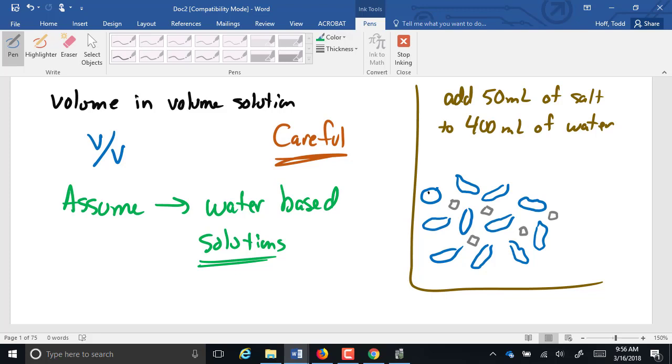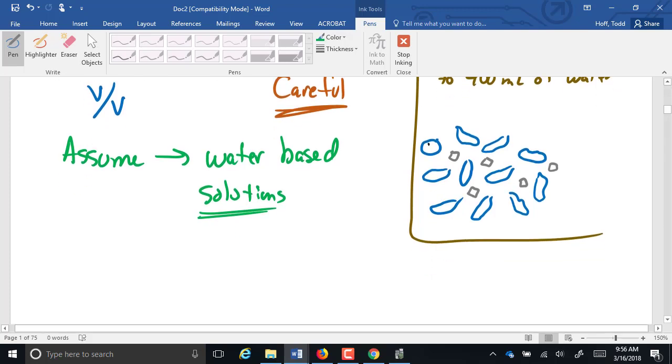The exception is alcohol will dissolve into water. So if you add alcohol in the water, the volumes won't add. But we're going to avoid that example for this class because the math gets kind of difficult. Alcohol dissolves in water just like salt dissolves in water. Alcohol will hide between the water molecules. So we are assuming that we're using water-based solutions, and since the base is water, when we combine them, they will add volumes. Does that make sense?